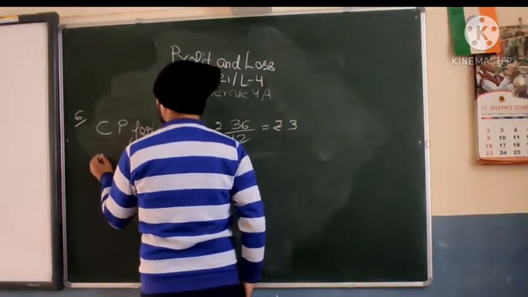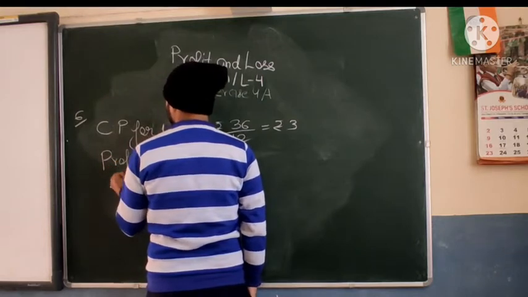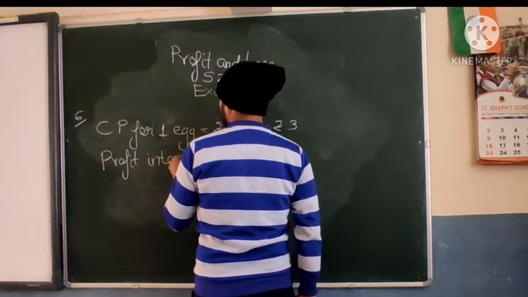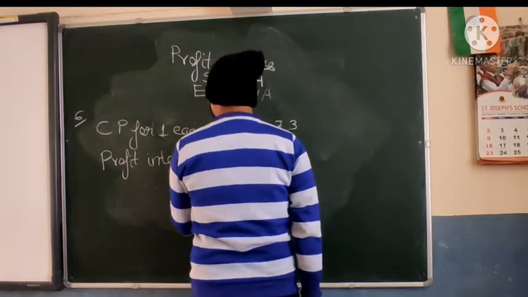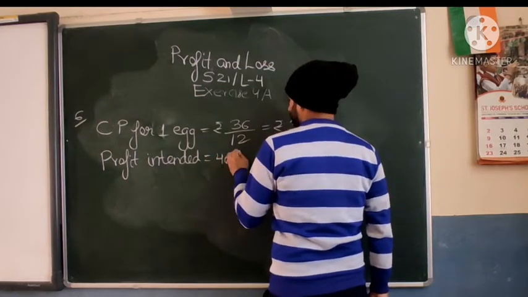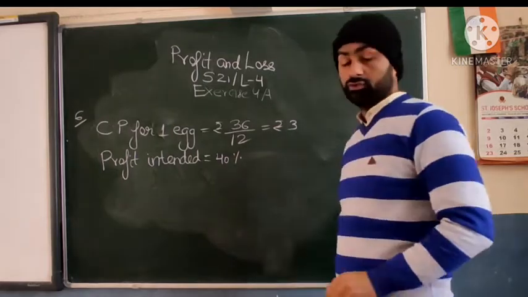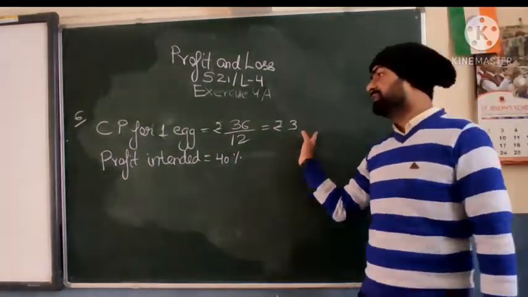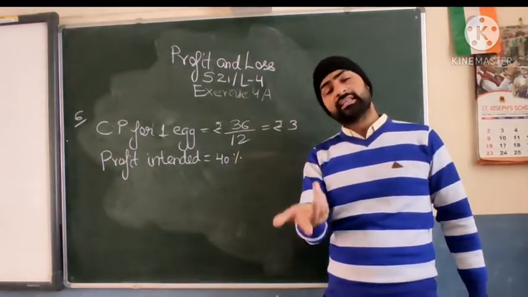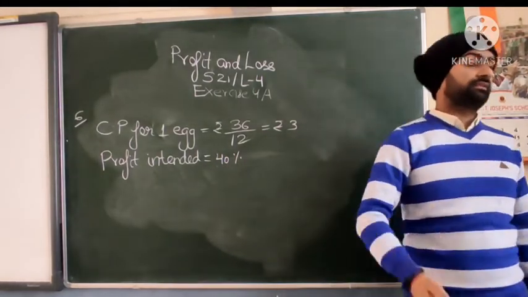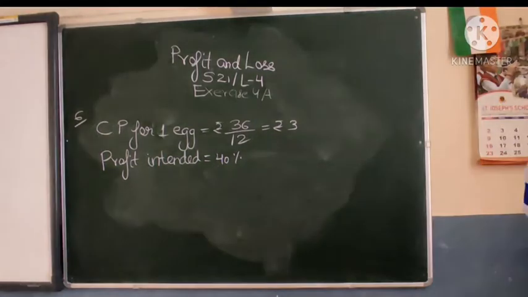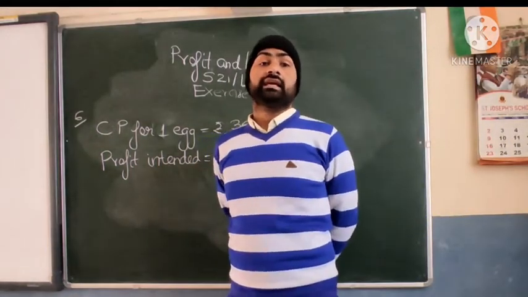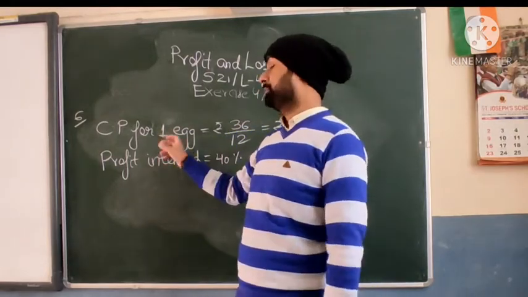So here profit intended, that means how much profit is desired, 40% profit. Now see, CP is given, profit is given. Only one thing that you can calculate. What is that? Selling price. Is that what they asked? Yes. And they said selling price of an egg. Here we are talking about one egg.